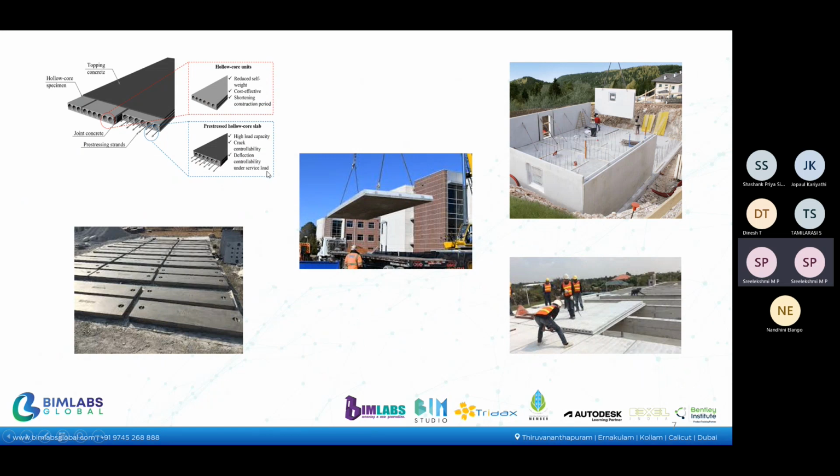Also, in precast construction, pre-stressing is used very much nowadays. That means we can prevent cracking, and it can bear heavy loads. The deflections also we can control while applying service loads. We can do pre-tensioning and post-tensioning, so we can use that technology.